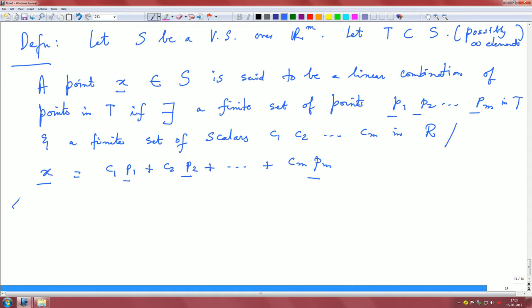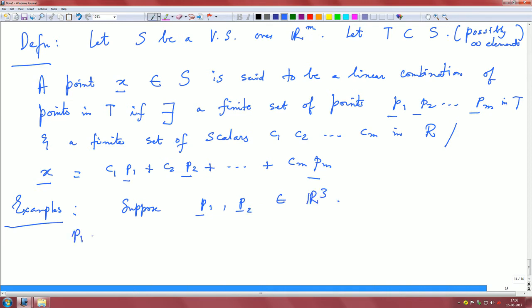So, we will see some examples. Suppose I choose P1 and P2 in R3.